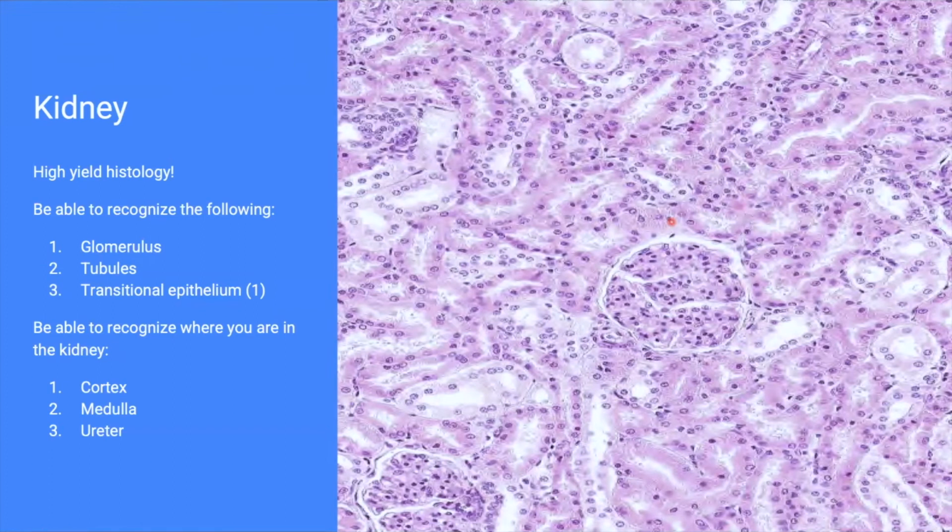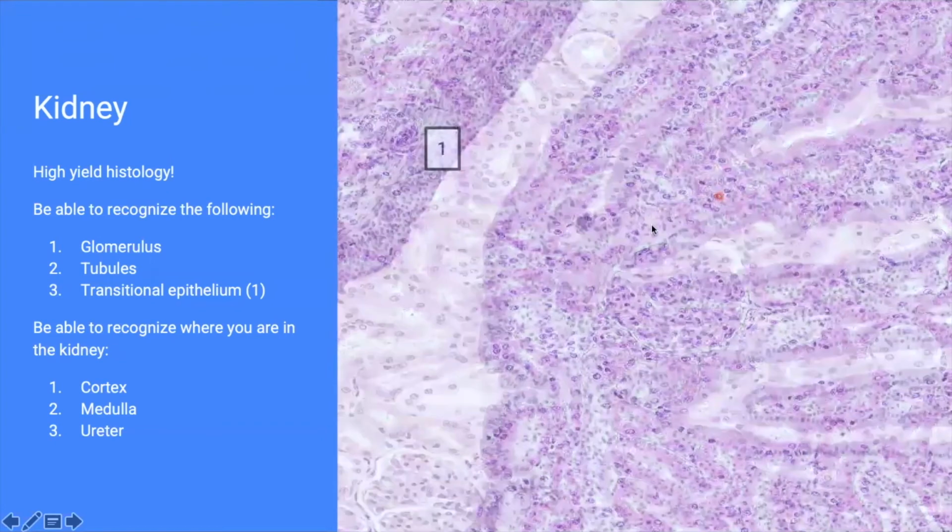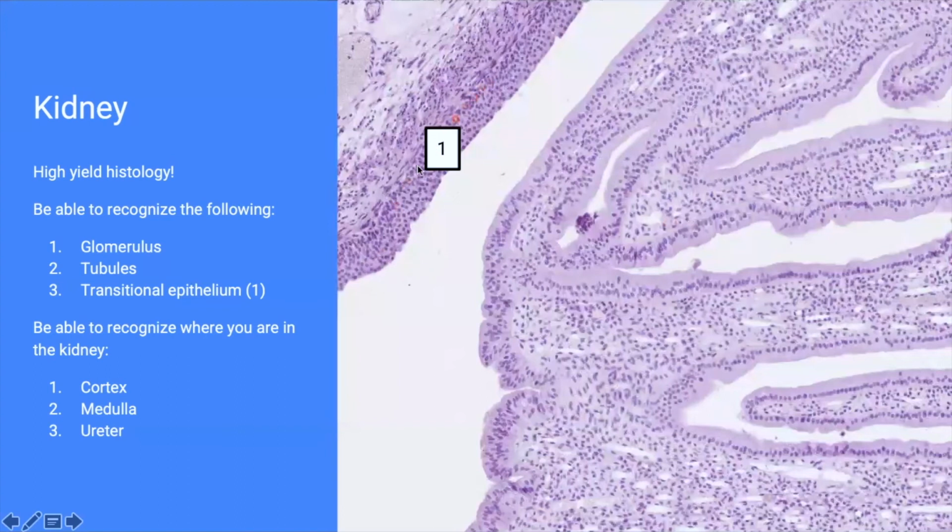So be able to recognize the following on kidney histology: a glomerulus, tubules, and then I'm going to show you another picture out here. This one is going to be our transitional epithelium. So transitional epithelium, I'll show you in a minute, but it appears to be a stratified cuboidal epithelium that when distended will appear as a stratified squamous epithelium.